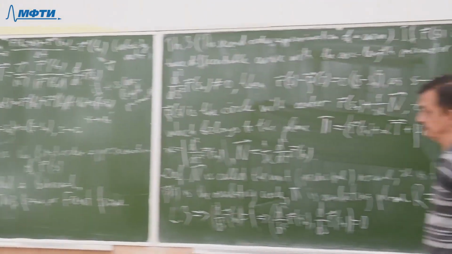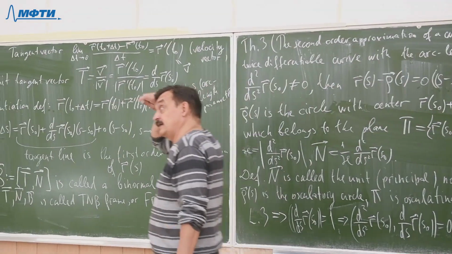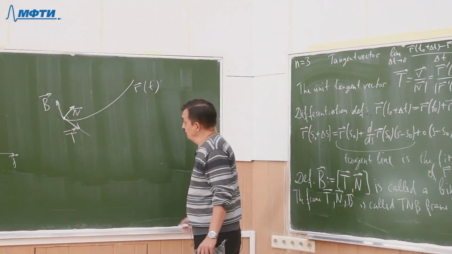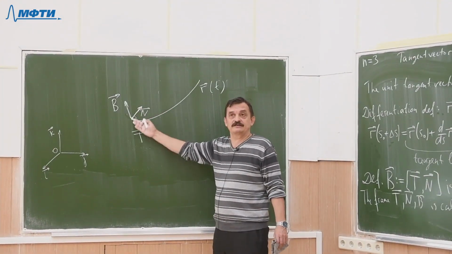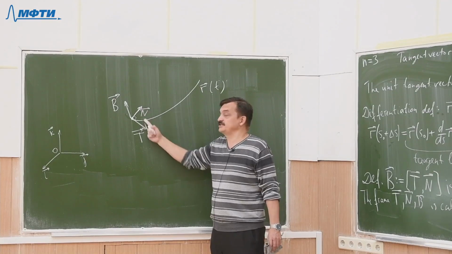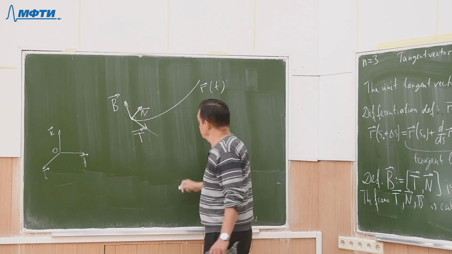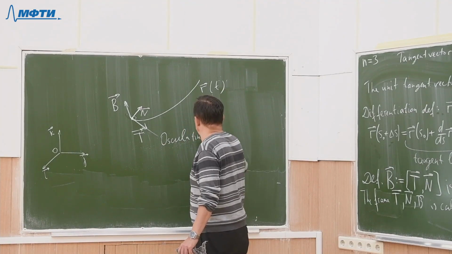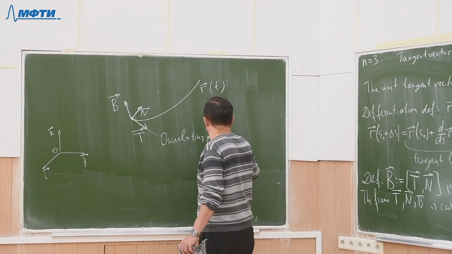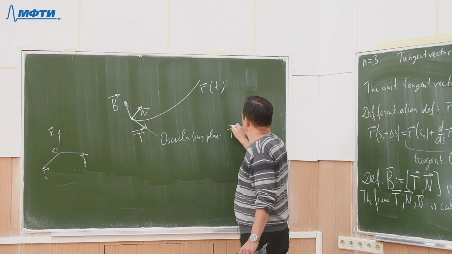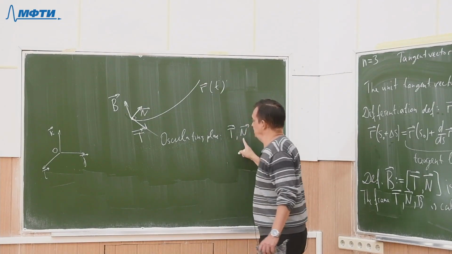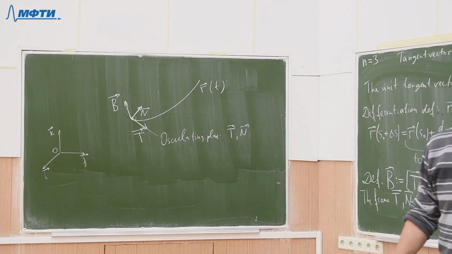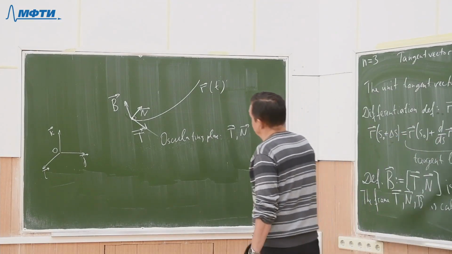Also, there are special names for planes. So you see, we have the osculating plane, which contains T and N. Here I write the generating vectors for that plane. That is the osculating plane.